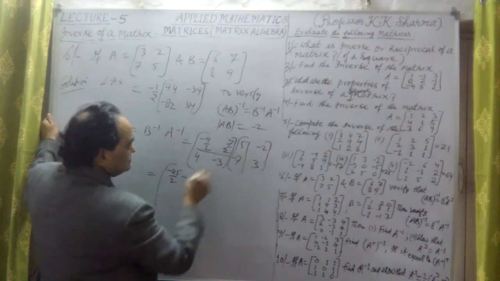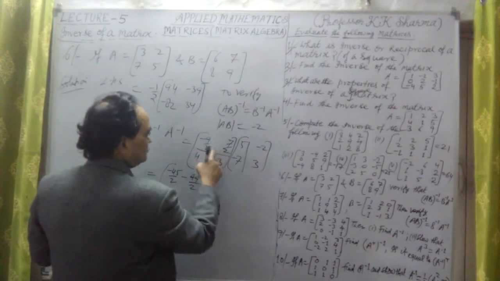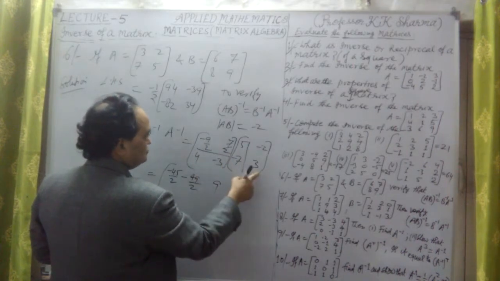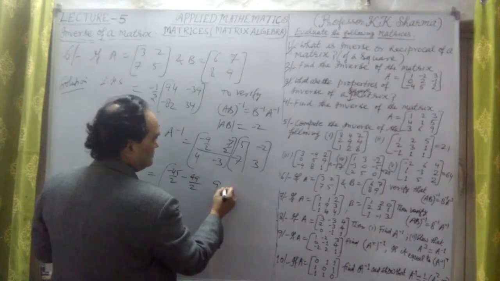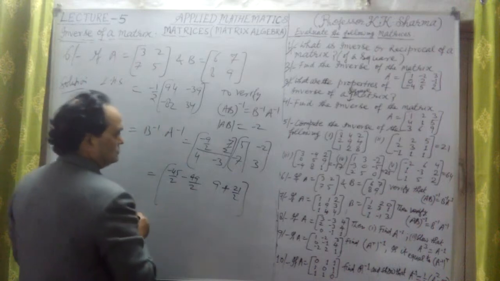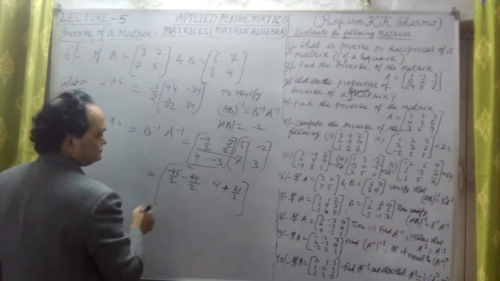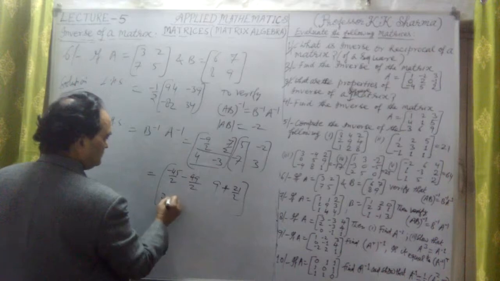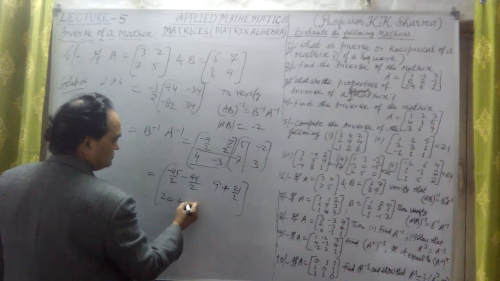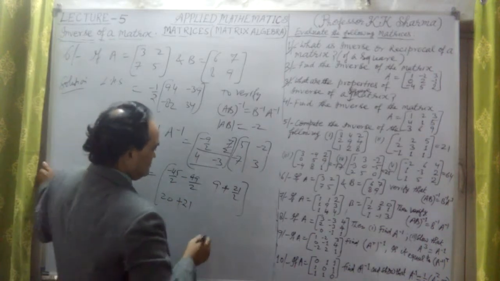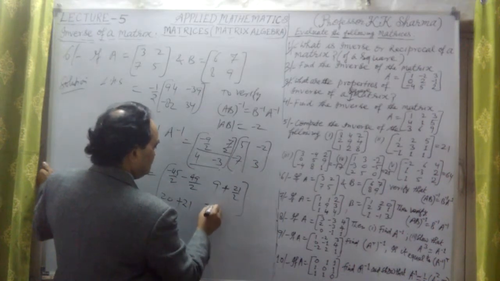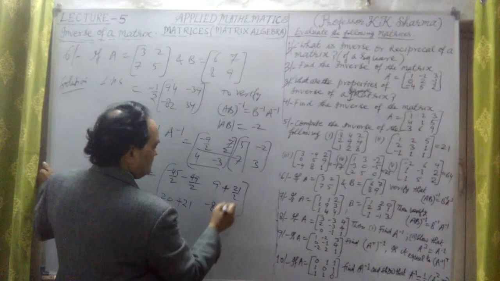Then this into this: minus 9/2 times minus 2 is plus, it is 9 only. 7/2 into 3 is plus 21/2. Then second row: 4 into 5 is 20. Minus times minus is plus, 3 times 7 is 21. Okay, then second row, second column: 4 times minus 8 is minus 8 and 6 times 3 is 9, so it is minus 9.